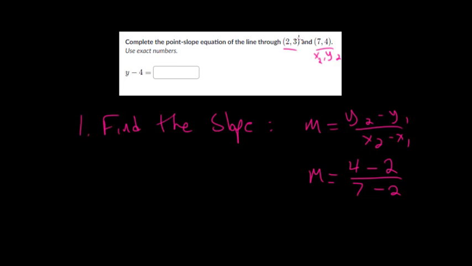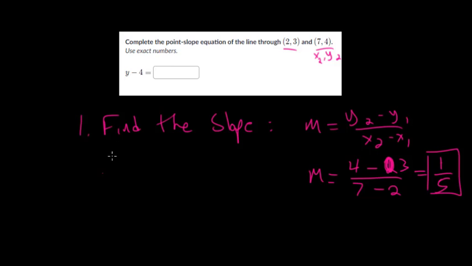Actually, I just realized y1 is 3, not 2. So that's not correct. Just double checking: y2 is 4. y1 is the y value on this one. That's 3. x2 is 7. And x1 is 2. And with that, we can figure out the slope. 4 minus 3 is 1. And 7 minus 2 is 5. So our slope is 1/5.